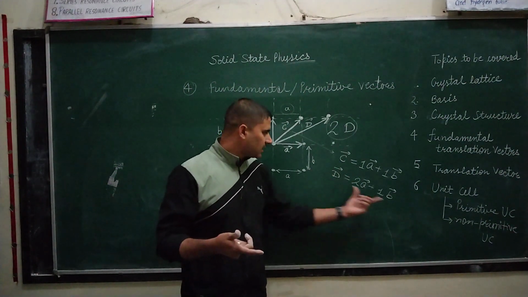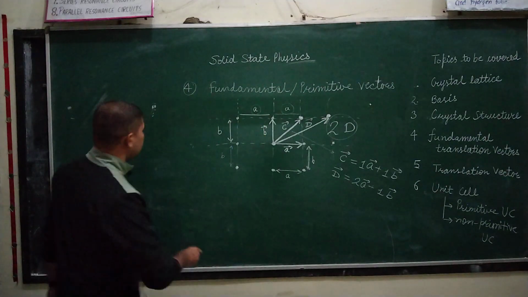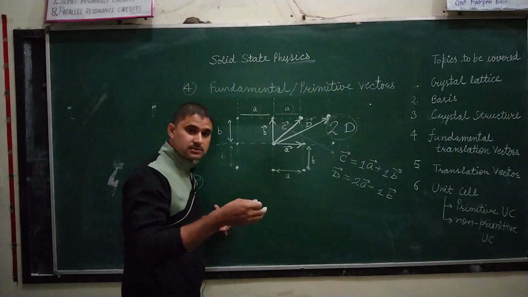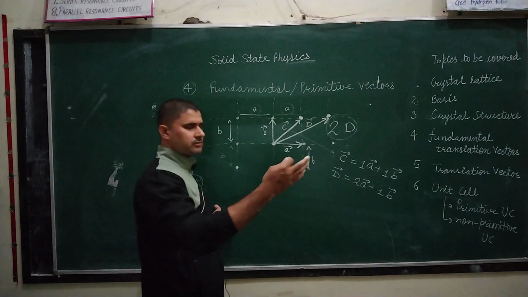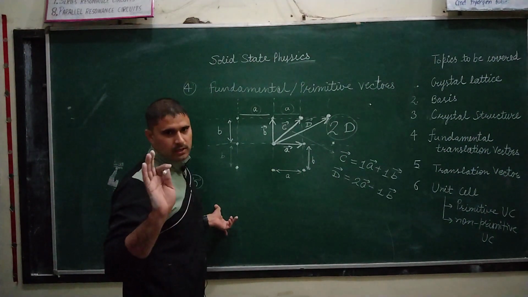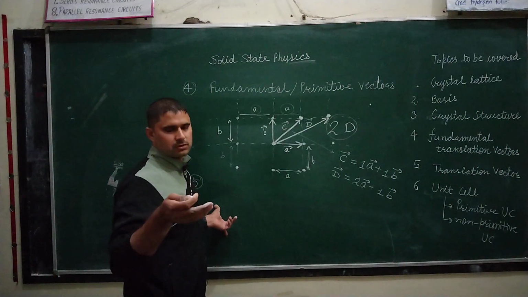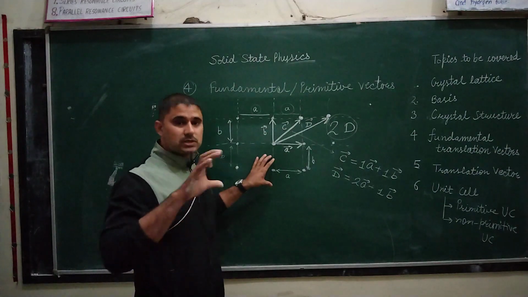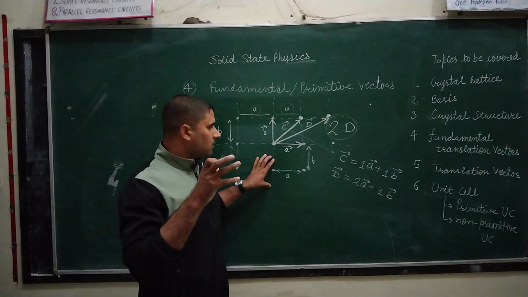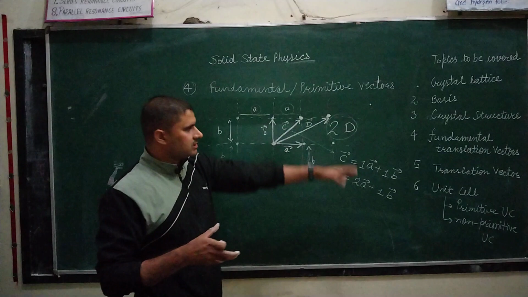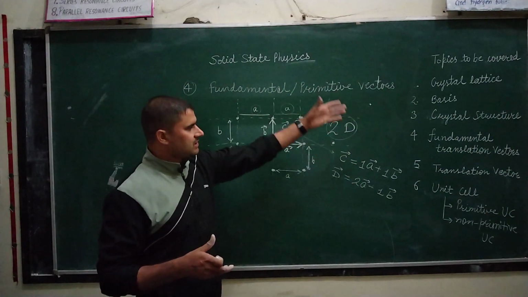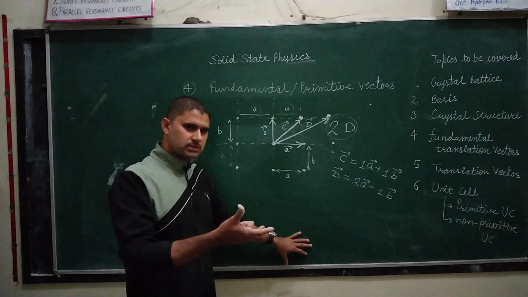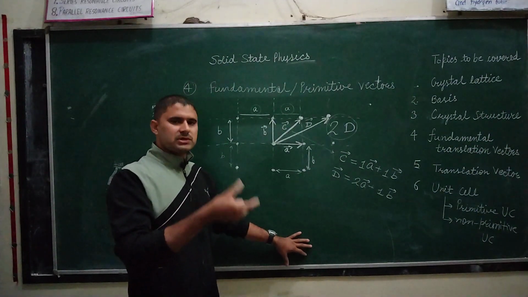If I generalize this case, I am not going into very basic things like the definition of translation vector. You all have books and you can cram them from your books. Here I am just clearing the idea behind why we are taking this mathematical treatment: to understand what is inside the crystal structure and make the concept easy.